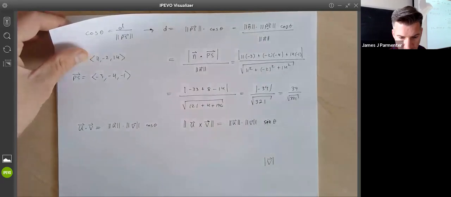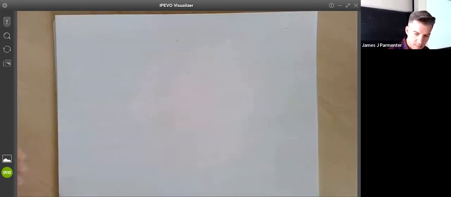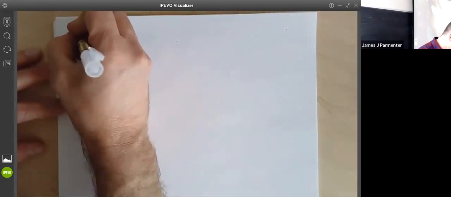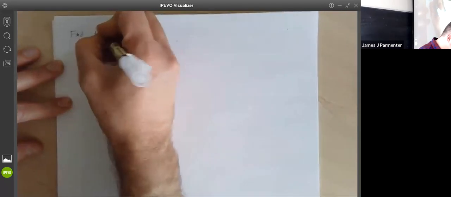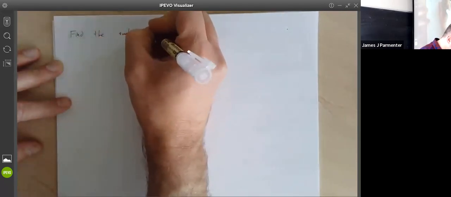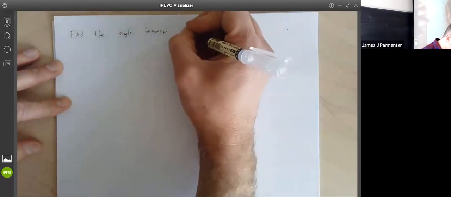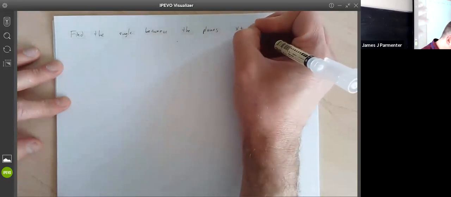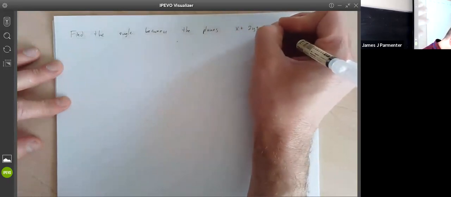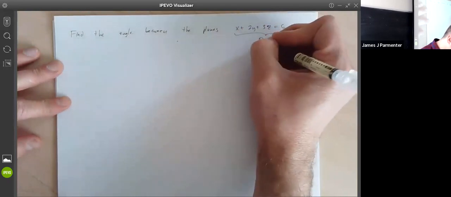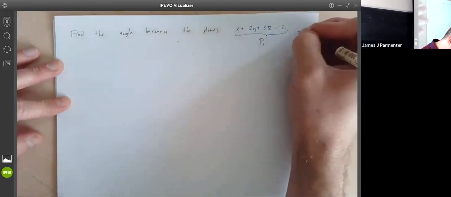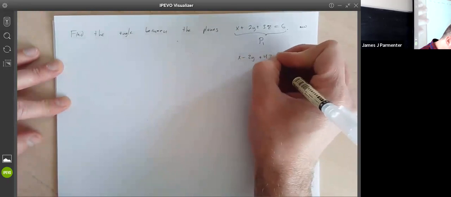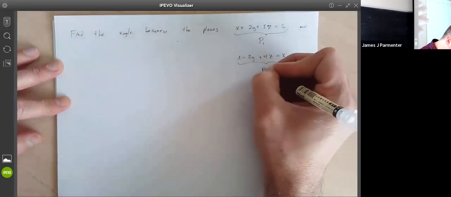Let's say we wanted to find the angle between two planes, specifically the planes x plus 2y plus 3z equals 6, which we'll call plane 1, and x minus 2y plus 4z equals 8, which we'll call P2.